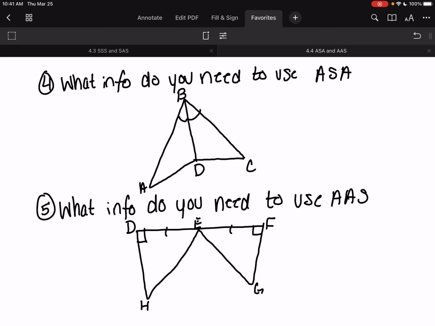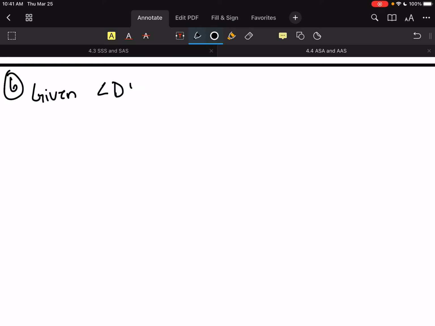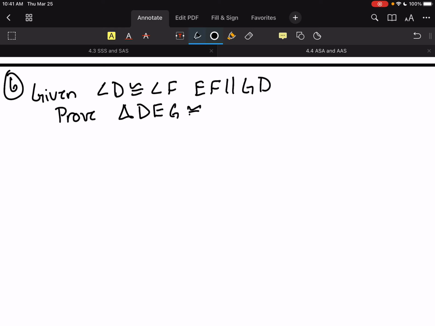And the last question, like I said, there was going to be 6 questions. You're going to have a fill in the blank proof here. So the last one is you are given angle D is congruent to angle F and EF is parallel to GD. Prove triangle DEG is congruent to triangle FGE.